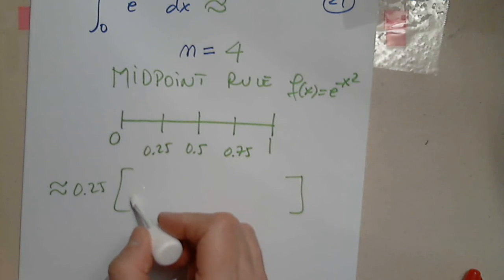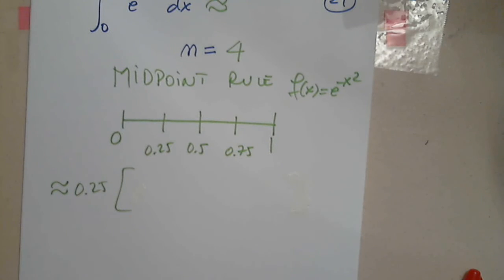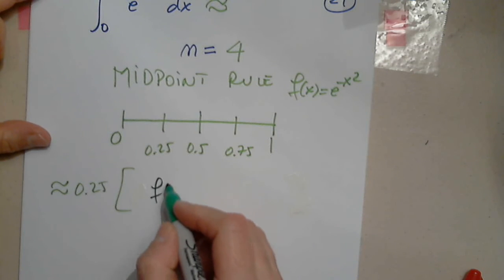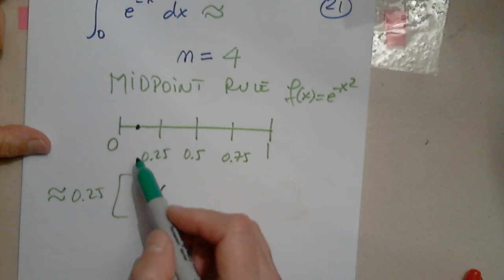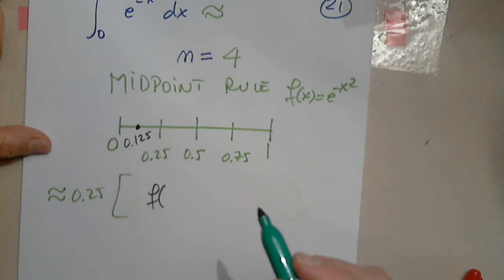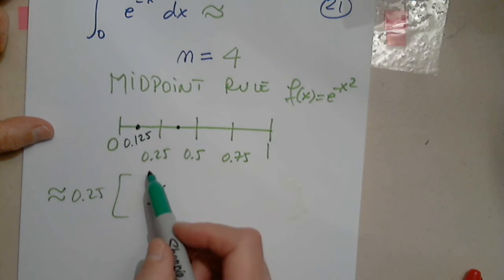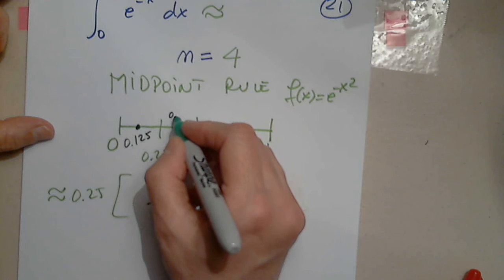I want to write f, and I may need more room here. So this is f of, right here in the middle, 0.25 divided by 2 is 0.125.